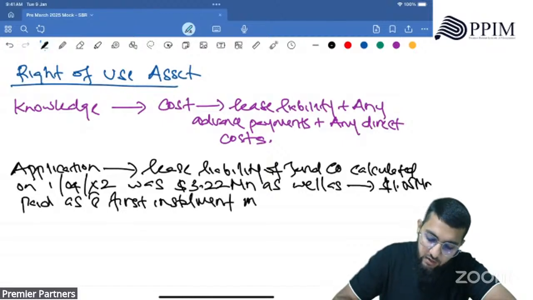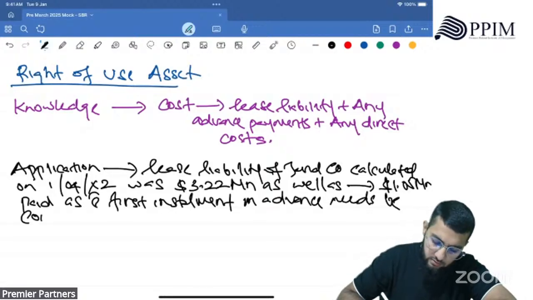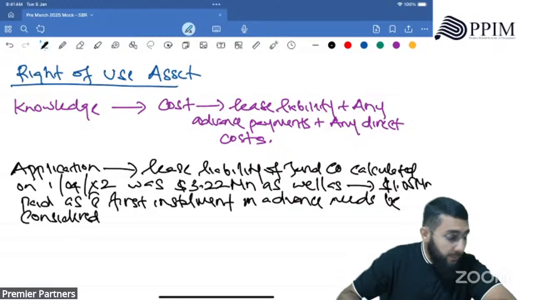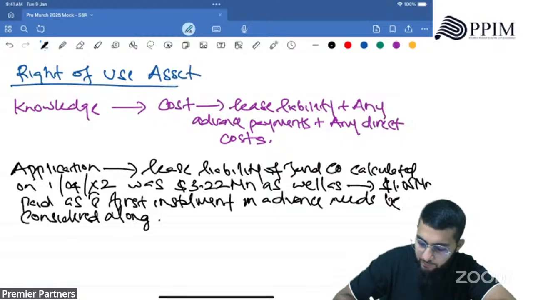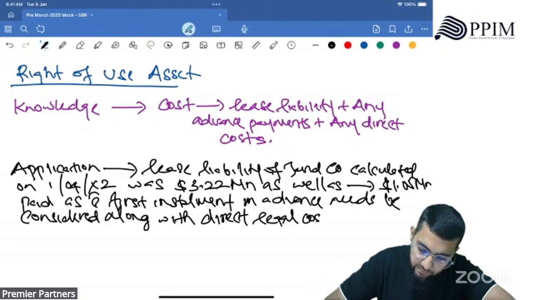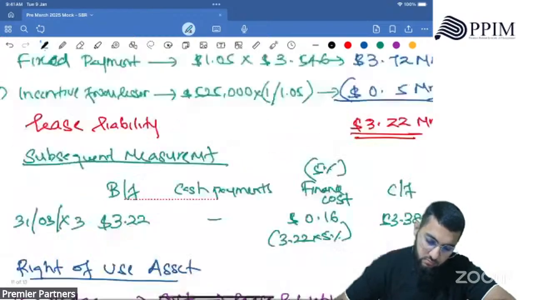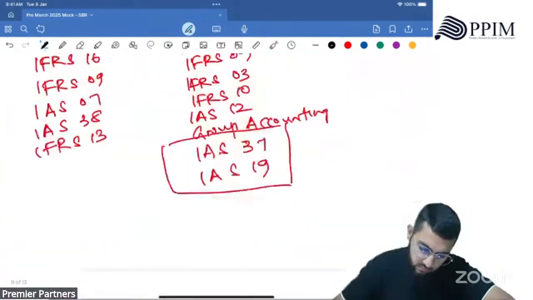In advance needs to be considered along with direct cost, legal cost incurred of 100. Go back to scenario.